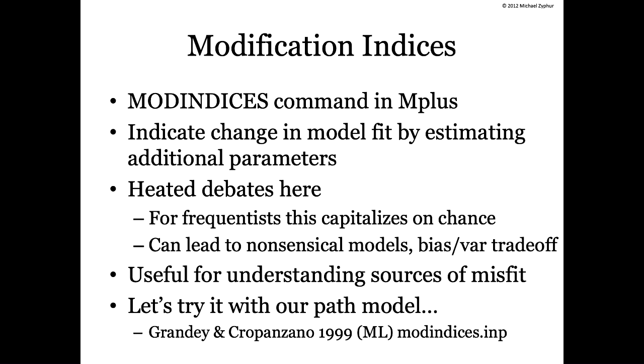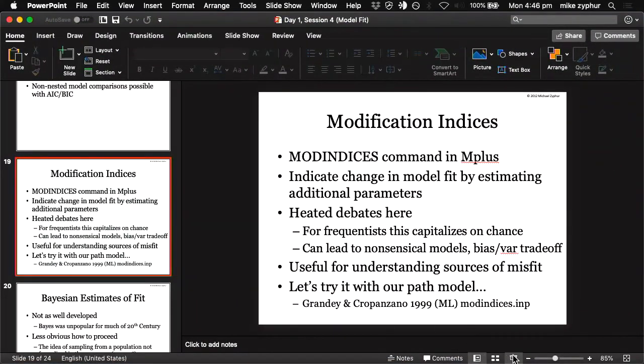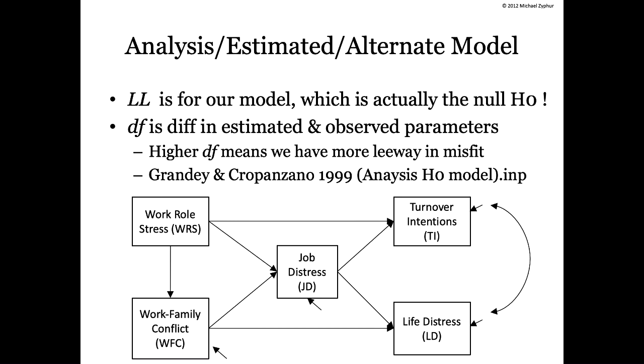So for example, let's go back and actually look at this analysis model that we estimated with these data. Are we estimating a direct effect of work-family conflict on turnover intentions? Is there an arrow that goes from WFC to TI? No. That could be a source of misfit.